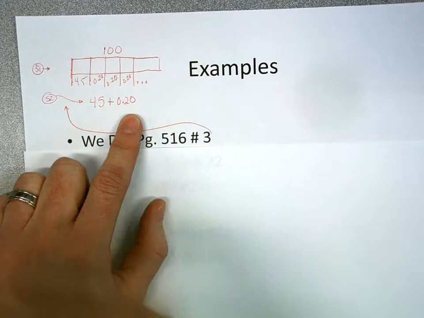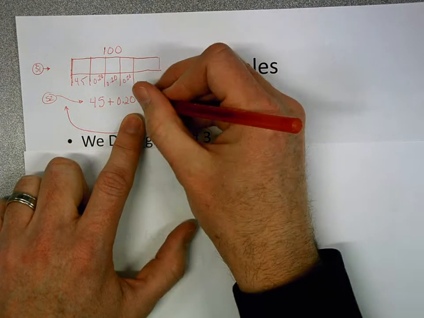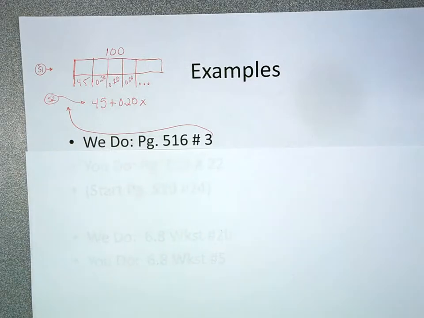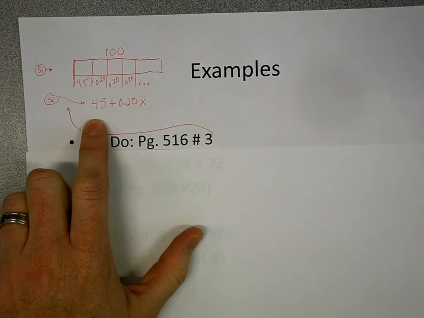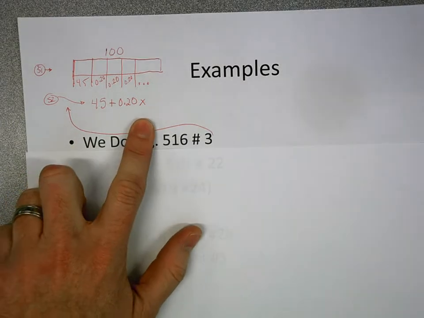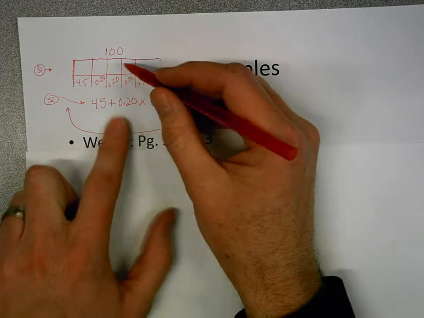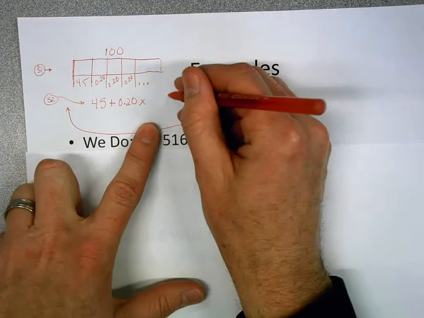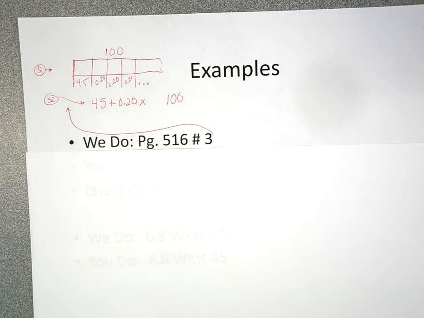So it's 20 cents times however many miles he drives. Well, remember we said that's our variable. You can put M for miles if you want, or just put the basic X for right now. So we have $45 plus the 20 cents times the mileage. And remember, it's being compared to the $100.